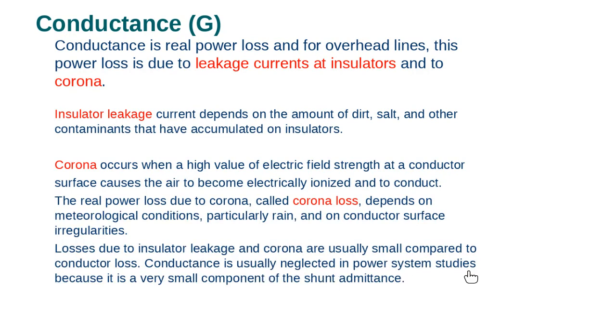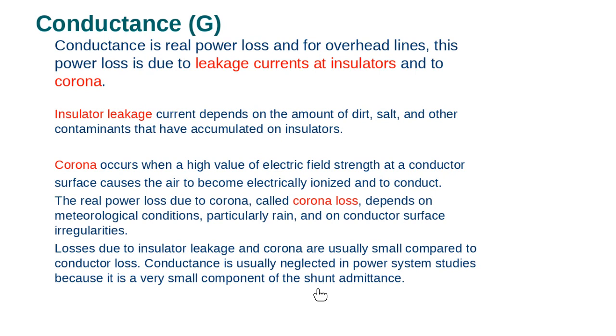Conductance is usually neglected in power system studies. So when we do simulation, we neglect corona loss, the power loss itself. Any leakage current is power loss. That's why, in the shunt admittance, we neglect the conductance G. It is a very small component of shunt admittance.